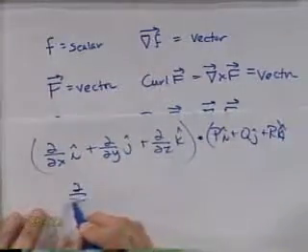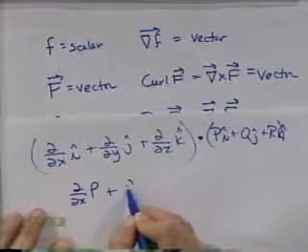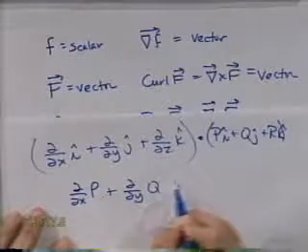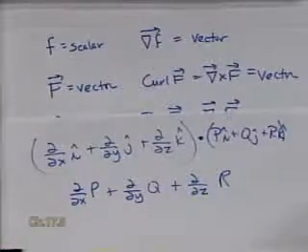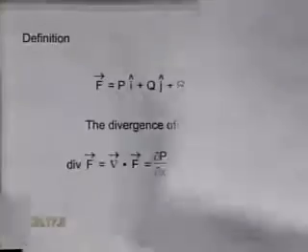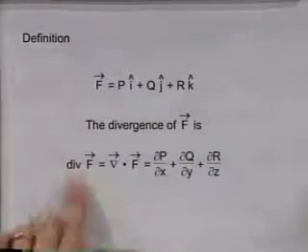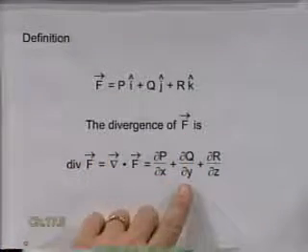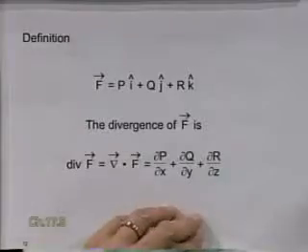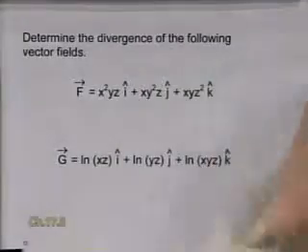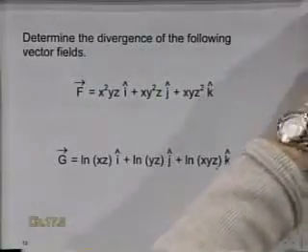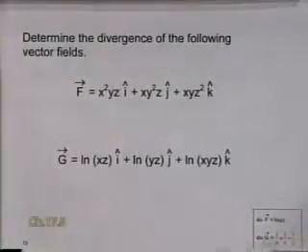So you'll get the partial with respect to x of p plus the partial with respect to y of q plus the partial with respect to z of r. And that's what the divergence is. The divergence of f is partial of p with respect to x plus partial of q with respect to y plus partial of r with respect to z. It's that easy.